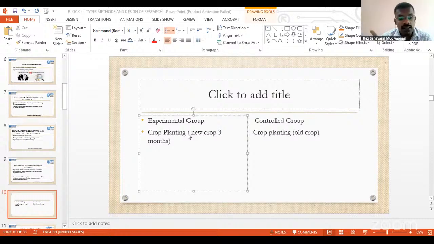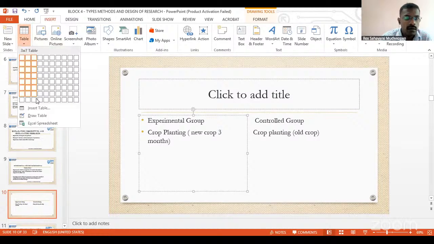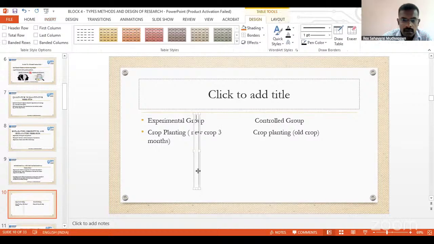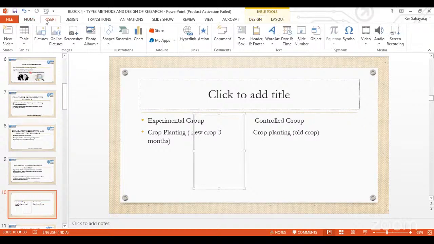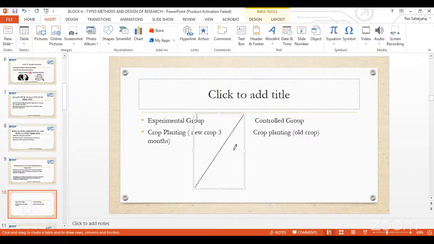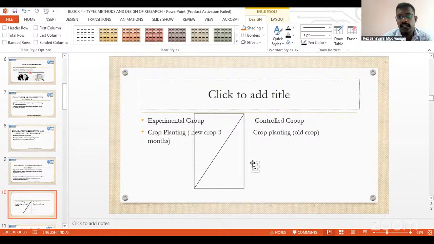But what the researcher will do is divide the land into 4 pieces.